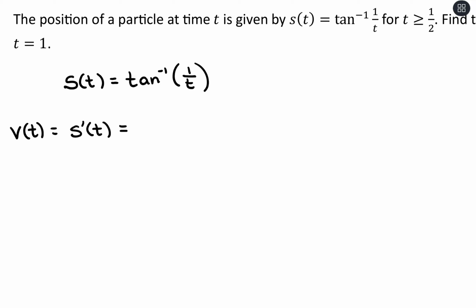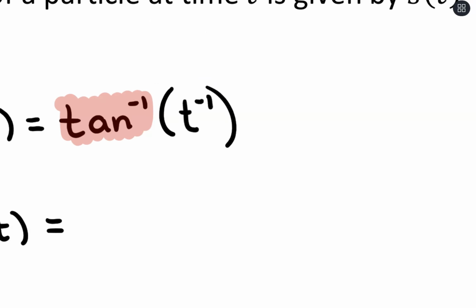So we have chain rule here because we have an outside function of inverse tangent, inside function of 1 over t. And actually, I am going to rewrite that as t to the negative 1. I don't particularly like having all these negative 1s hanging out because, as a good refresher here, this negative 1 right here is on a function, and that means it's an inverse.